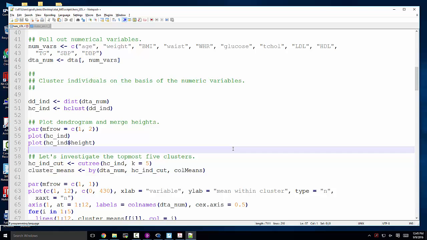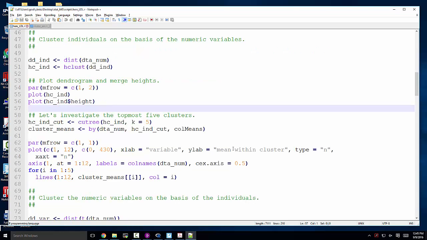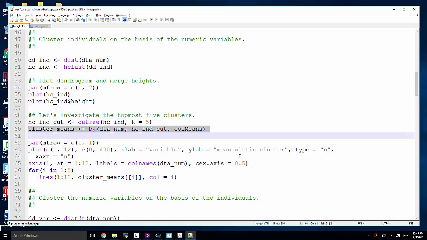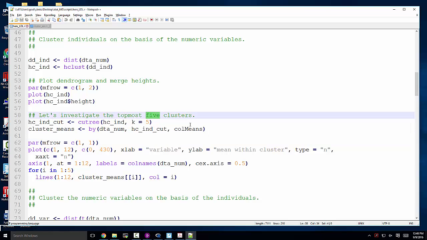So asking how many clusters there are, and then once you have decided how many clusters there are, a natural thing to do is to investigate what makes them different. And that's where we computed cluster averages of the different variables by cluster membership. If we say 5 clusters, for example, we can summarize the averages for each of the variables by cluster.